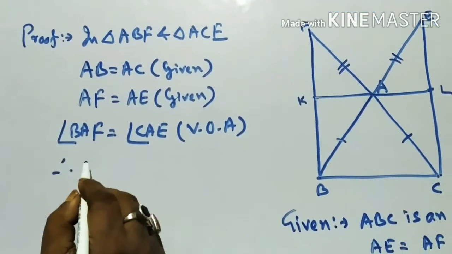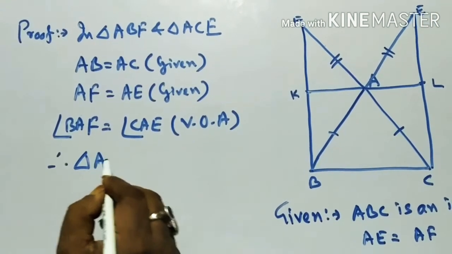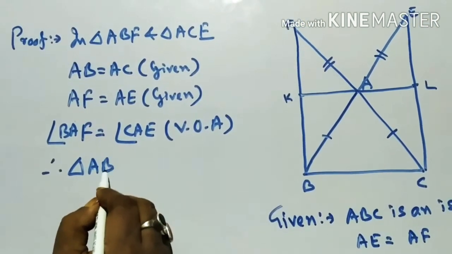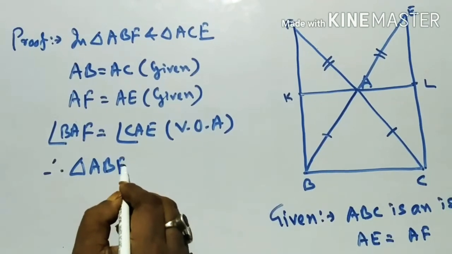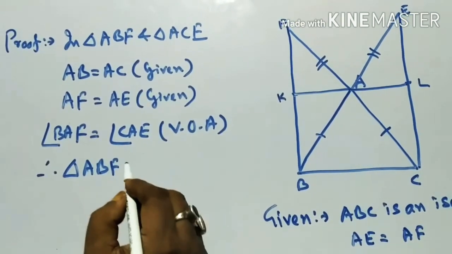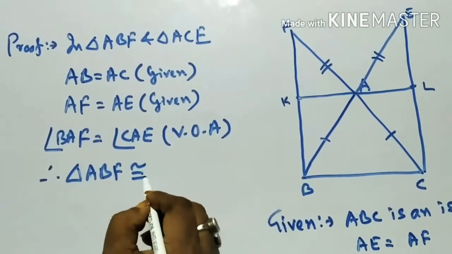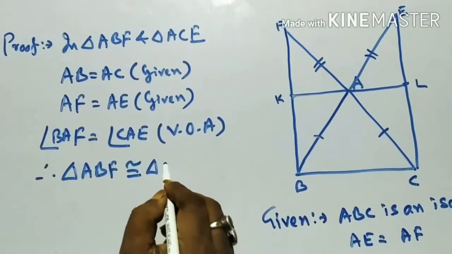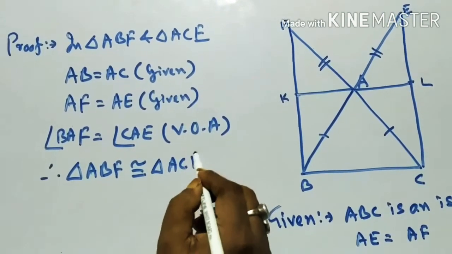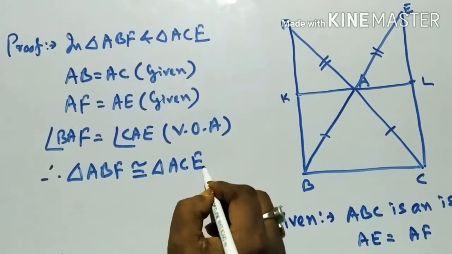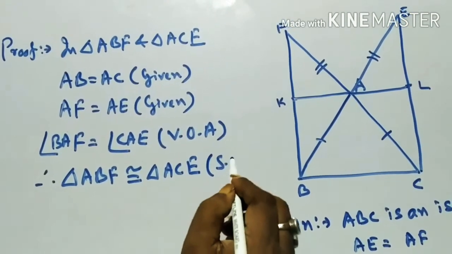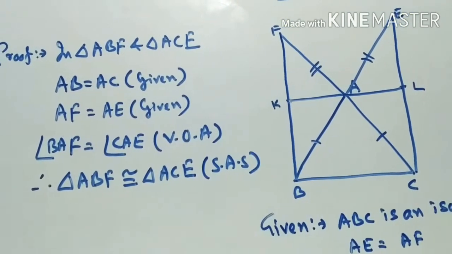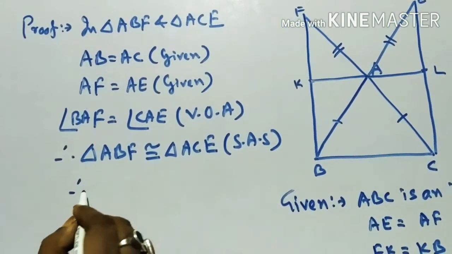Therefore, triangle ABF is congruent to triangle ACE from SAS congruency.